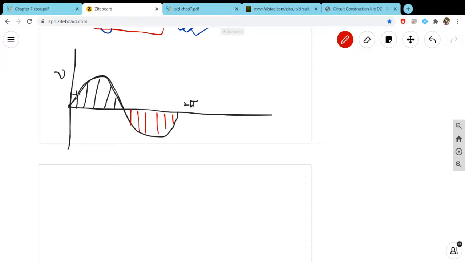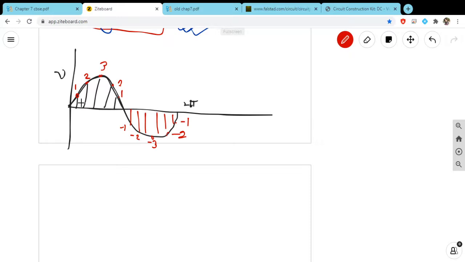Let me explain. Here voltage is 1 volt, here 2 volt, then it goes to maximum 3 volt, then again 2 volt, again 1 volt and then 0. The same thing happens in the negative direction: minus 1 volt, minus 2 volt, maximum minus 3 volt, then again minus 2 volt, minus 1 volt, then 0.